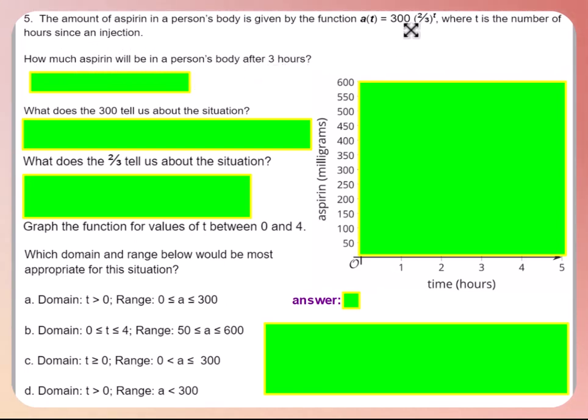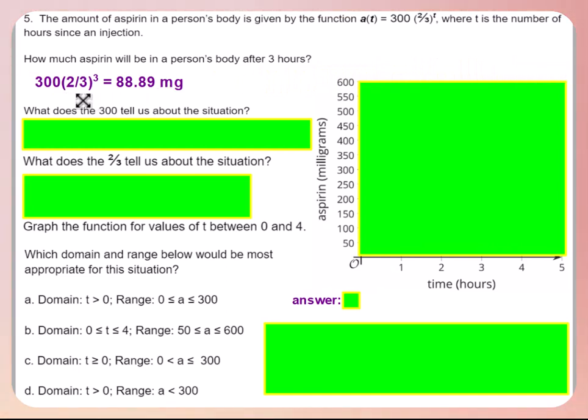Okay, look at this function. You can use Desmos and put this in your calculator, or you can take this expression, 300 times 2/3 raised to the 3rd power, because time is always going to be our exponent.